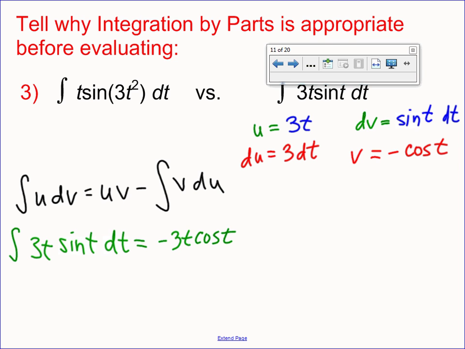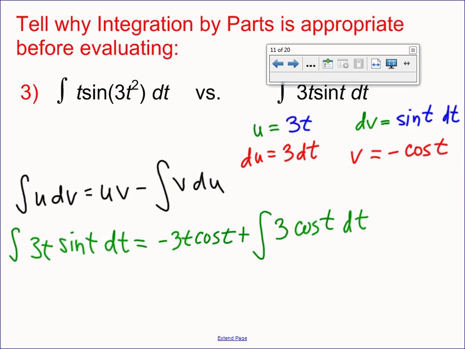That's u times v, minus the integral of v du. v is negative cosine of t, so minus the integral of negative cosine t times 3 dt is going to be plus 3 cosine t dt. Did we get the signs right? So minus a negative, plus a positive, the 3, the cosine t, and the dt.